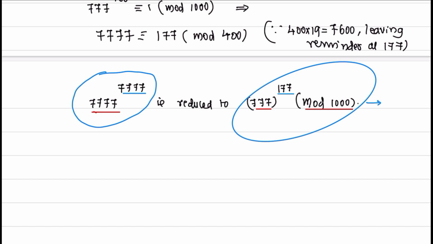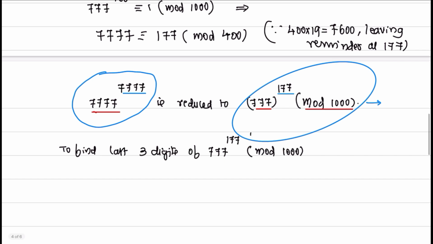Now, we are required to find the last 3 digits of 777 to the power of 177 mod 1000, by taking mod 1000. But 1000 is equal to 8 into 125.